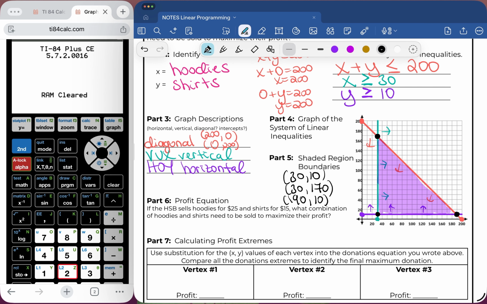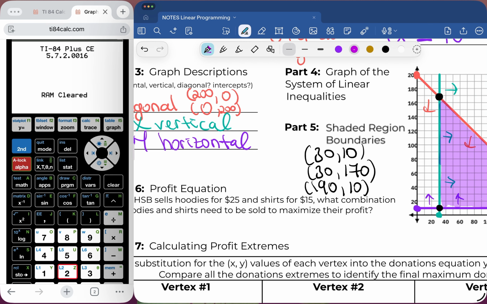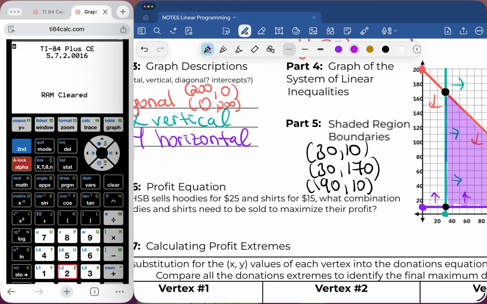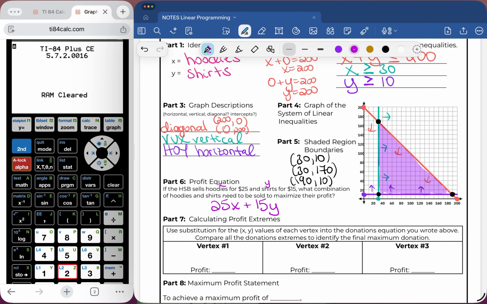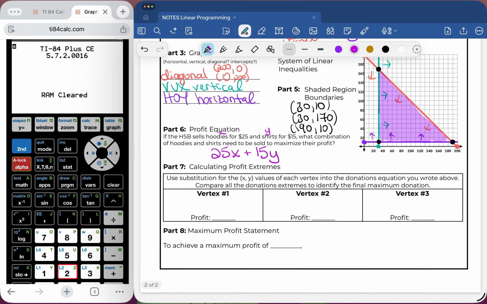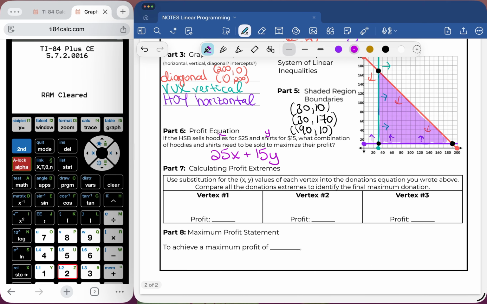So if the HSB sells hoodies for $25 and shirts for $15, we need to write a setup with that information that we're going to use as our profit equation. So just writing that with our variables included, right? We said hoodies were x and shirts were y. So our profit equation is going to be $25 for every hoodie and $15 for every shirt. We're going to use that as our setup to help us with actually calculating our profit.